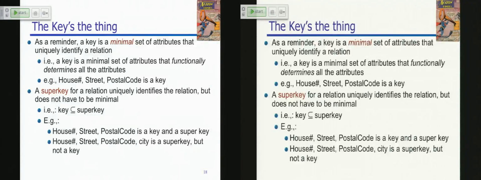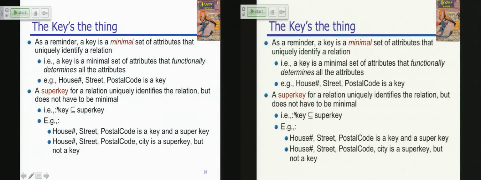That's fine. They're both minimal. The fact that they're minimal doesn't mean that they're as small as possible, because one is 2 and one is 3. What it means is that you can't take away anything else from this in order to keep your key.